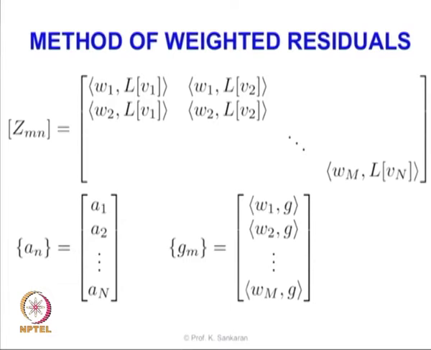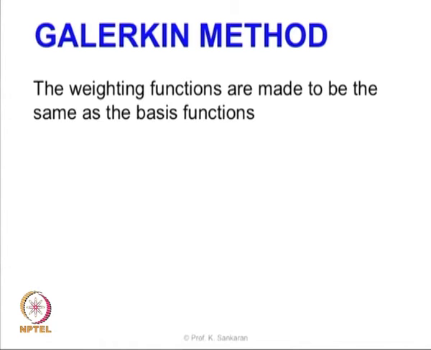The assumption is when the w terms are the same as the basis functions. Remember, these are the basis functions which I use to expand my unknown, and these are the weighing functions I am going to use as a testing function on the left and right hand side. But when I say they are both the same, I fall into a method called the Galerkin method.